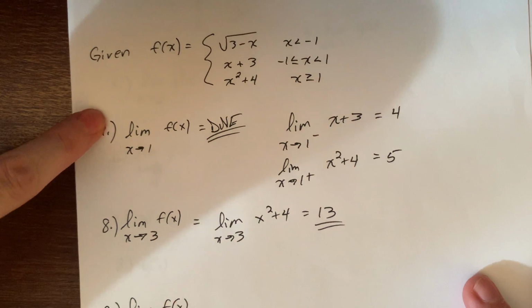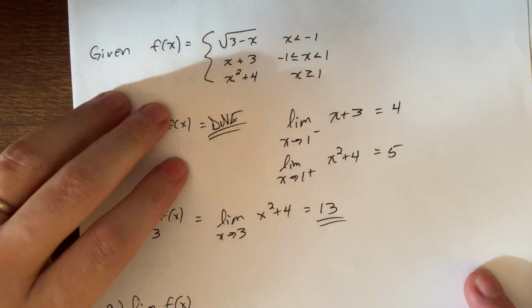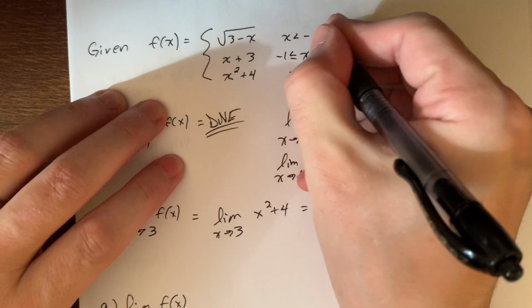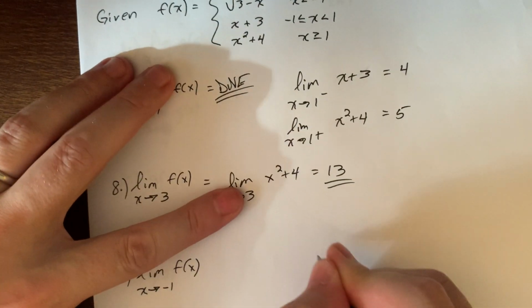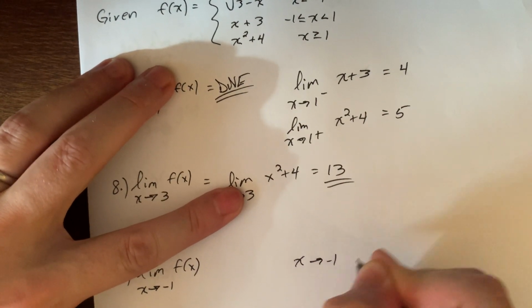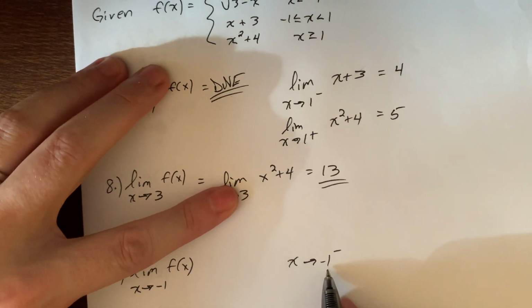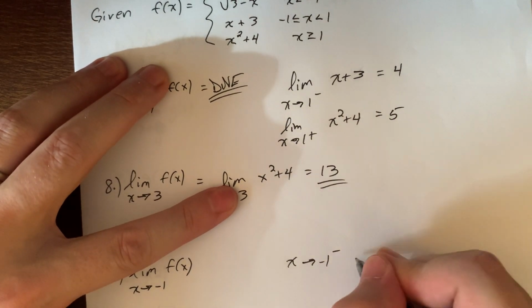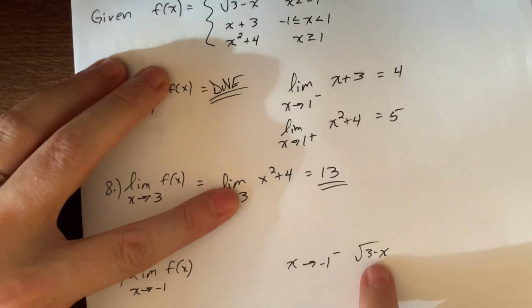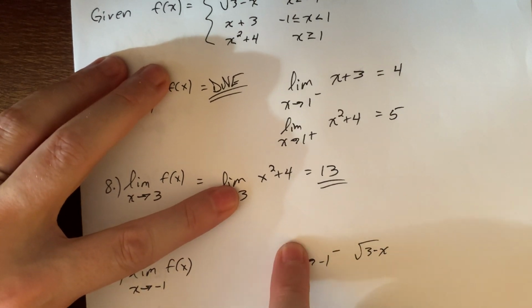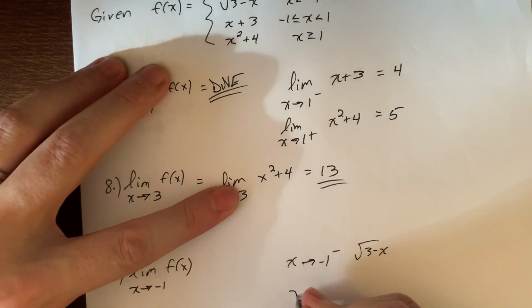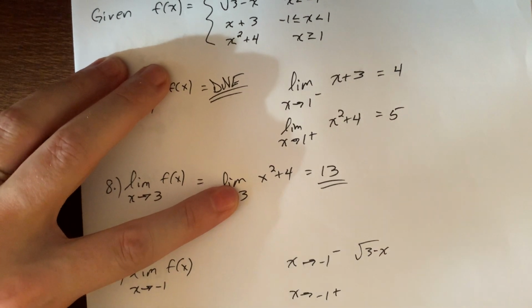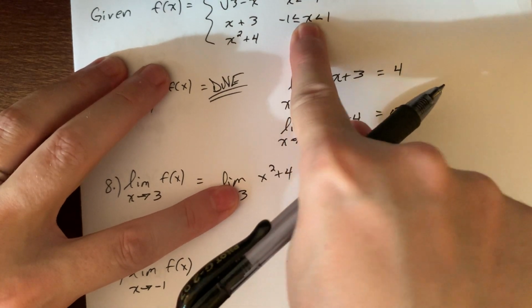So number 9, similar to number 7, if I'm approaching -1, well, I'm splitting. So -1 from the left, I'm up here. I'll write this one a little more informally, still showing what I'm approaching on which side, but I can just focus on the piece and I don't have to write the limit part. I'm okay with that. It's not terrible to write lim, but I'm okay with that. And then similarly, -1 from the right, those would fall in here.